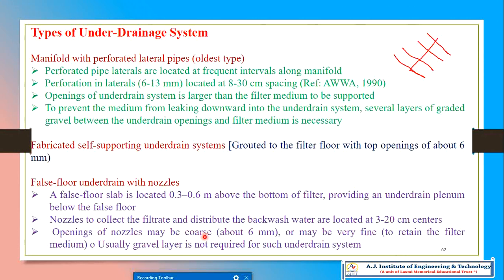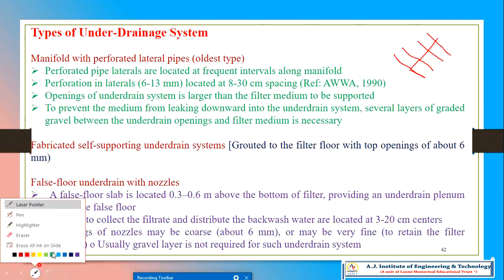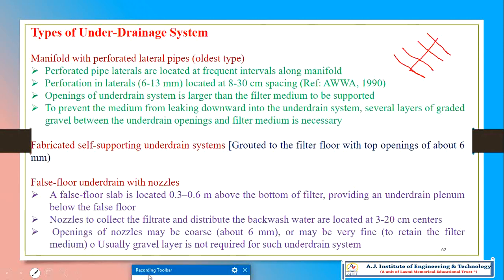Nozzle openings may be coarse, about 6 mm, or fine. We use nozzles to collect the wash water, where sand particles and media will be collected in this manner. So this is about the types of under drainage system.